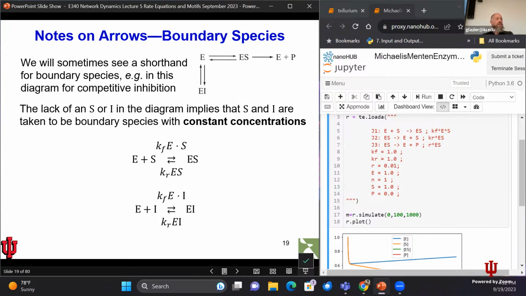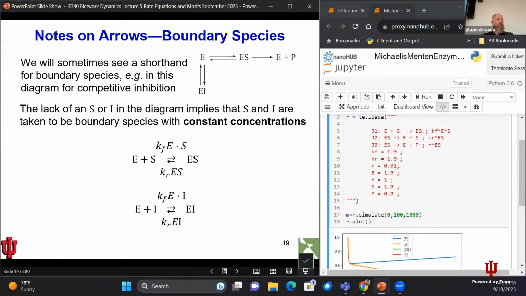And the reason for that is that they want E also to be able to go back and forth to say E plus I. And if you had E plus S in that where the E is, you couldn't write then having it go back and forth to EI as well. There wouldn't be any consistent way of doing that. So this is a little bit like an abbreviation, like a contraction, like can't for cannot, where there's a bit of an inconsistency.